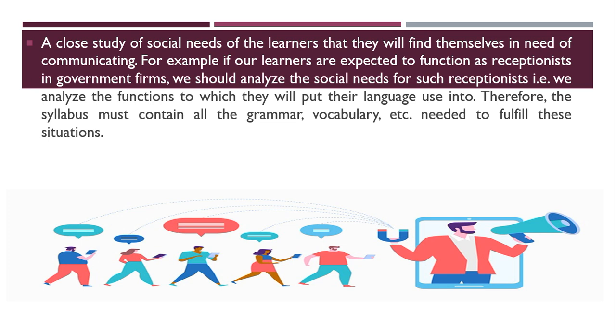These things are my social needs. I need to convey them in an indirect way to my students, to my learners. At the end of the year, they should have mastered or at least attained some of these objectives that I have decided, that are socially acceptable by the society.